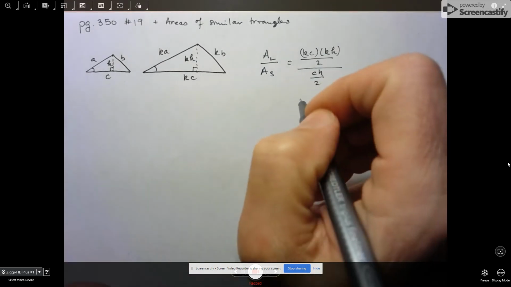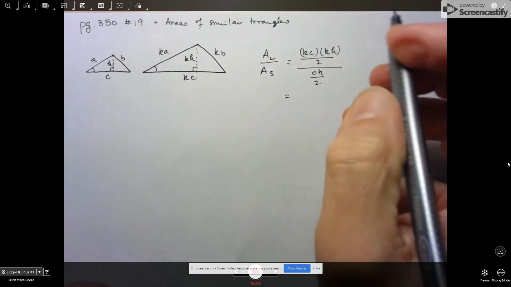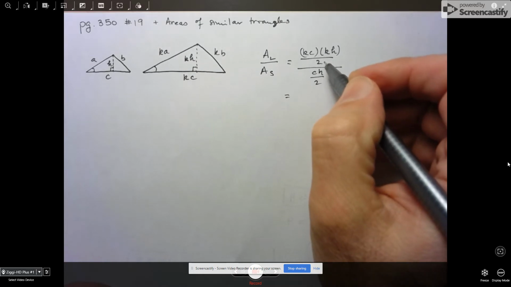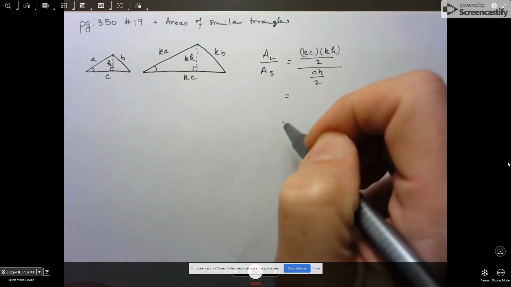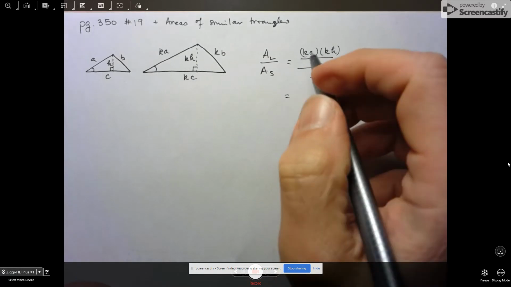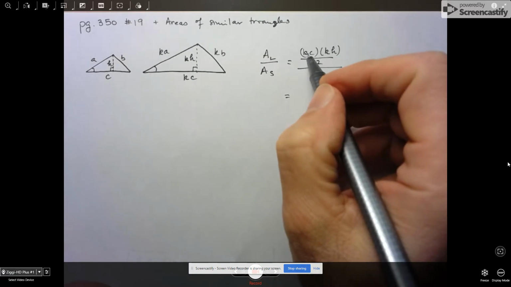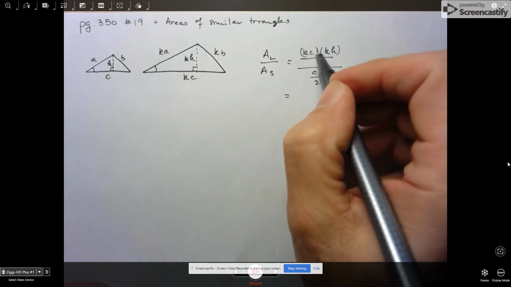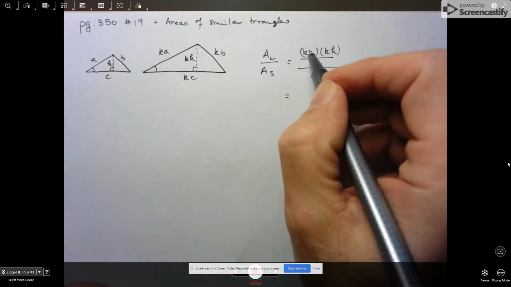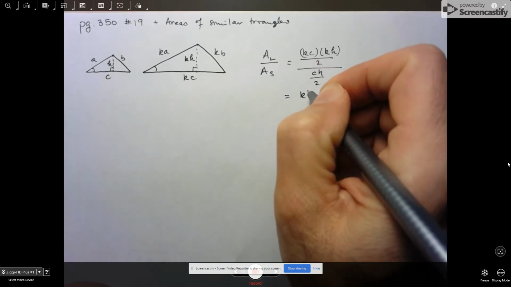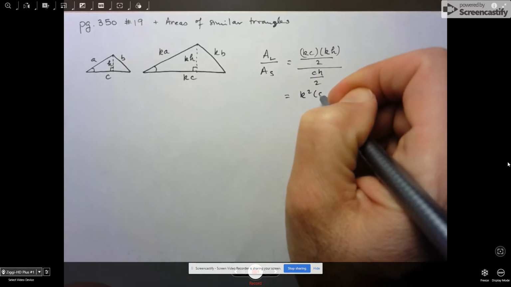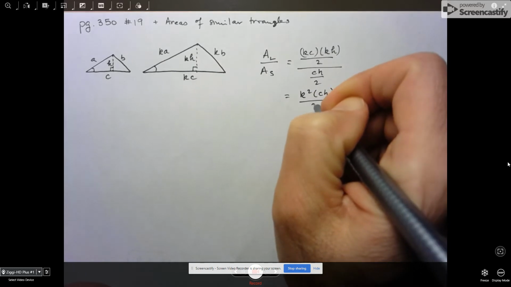And now let's simplify this expression, okay? Remember that dividing fractions is the same as multiplying by the reciprocal of the denominator. While I'm rewriting this, I can write this in any order since it's a whole bunch of multiplications in that numerator. So I'm going to bring these k's together and write it as k squared. And here, I'm going to keep the c and the h together, divided by 2.